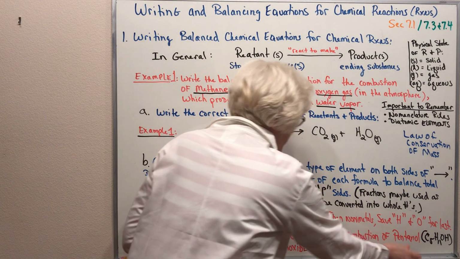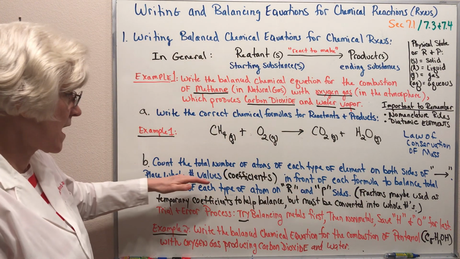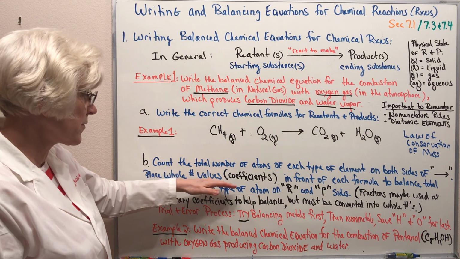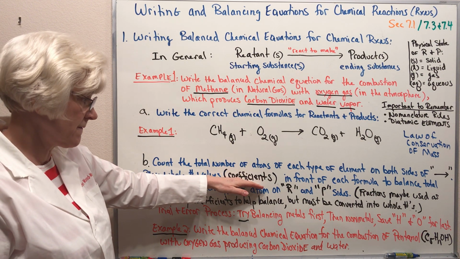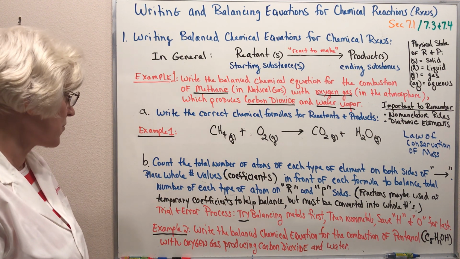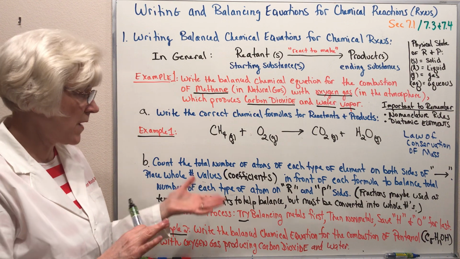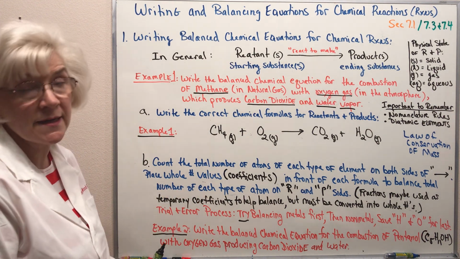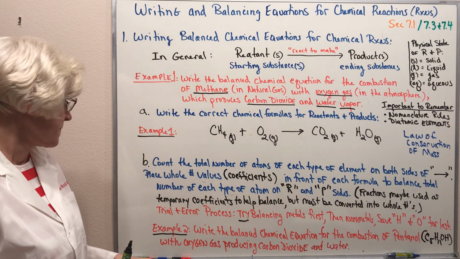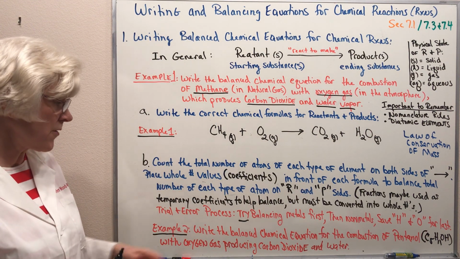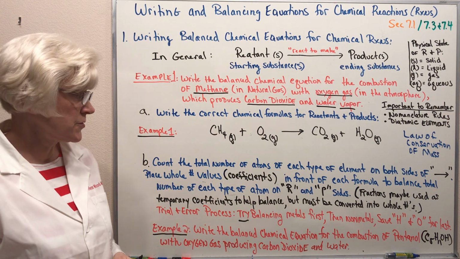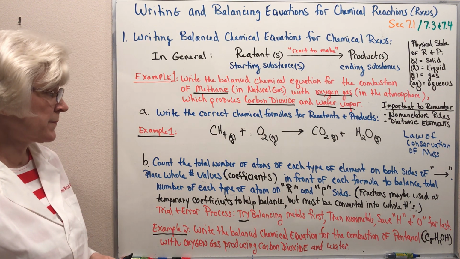So we have to count the total number of atoms of each element on both sides of the arrow, and then we're going to place small whole number values that we call coefficients in front of each formula to balance the total number of each type of atom on the reactant and the product side. Notice that you can use fractions as temporary coefficients to help balance, but in the end you must convert those fractions into whole numbers.